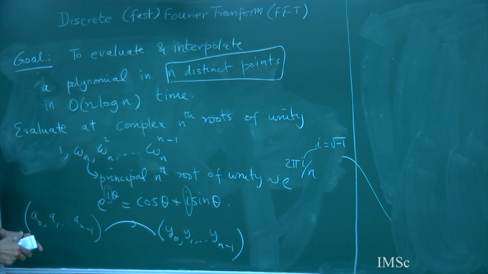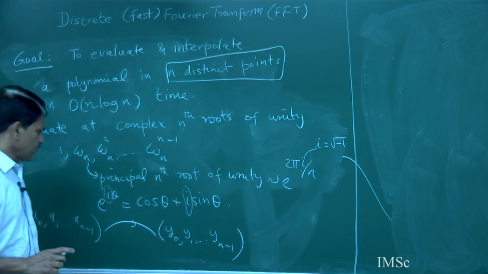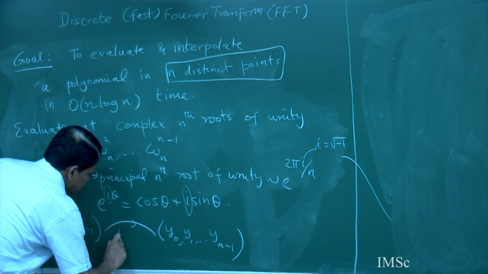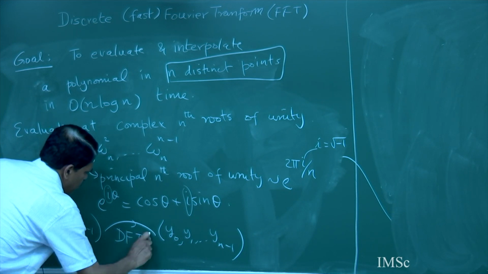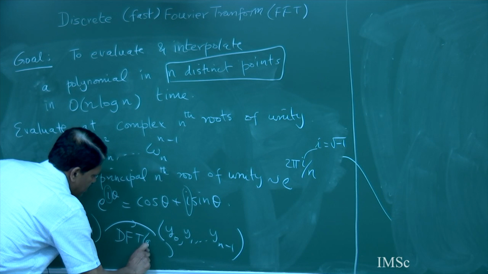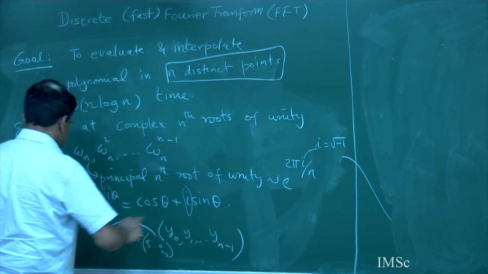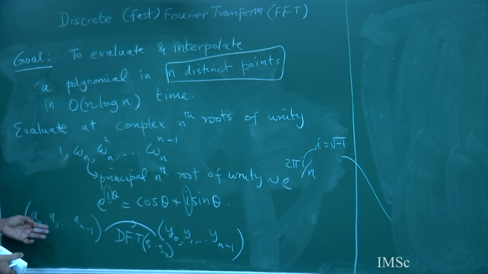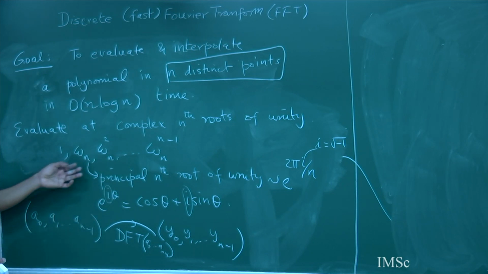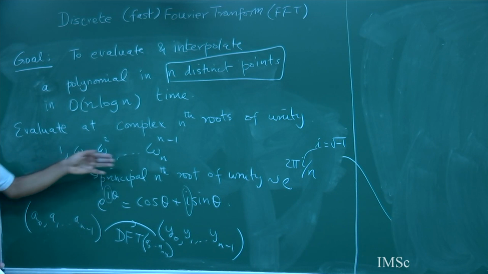Maybe I will next time, but for now it's a nice mathematical concept and an algorithm. So this is the discrete Fourier transform, which takes this vector A and gives this vector, which is evaluating this polynomial a0 plus a1 x plus up to an minus 1 x power n minus 1 on these n values.